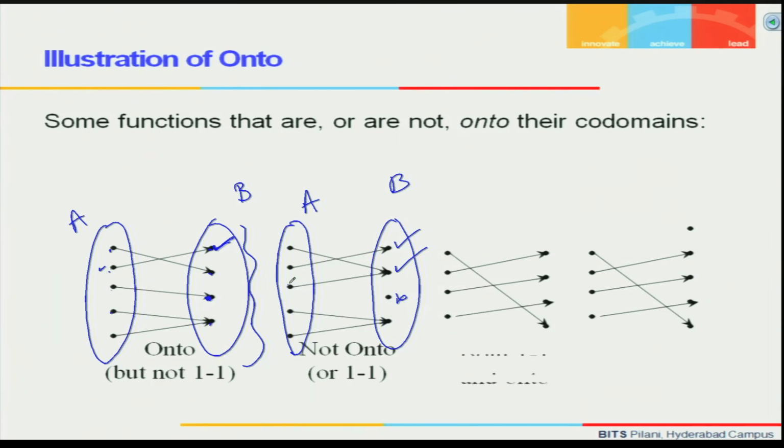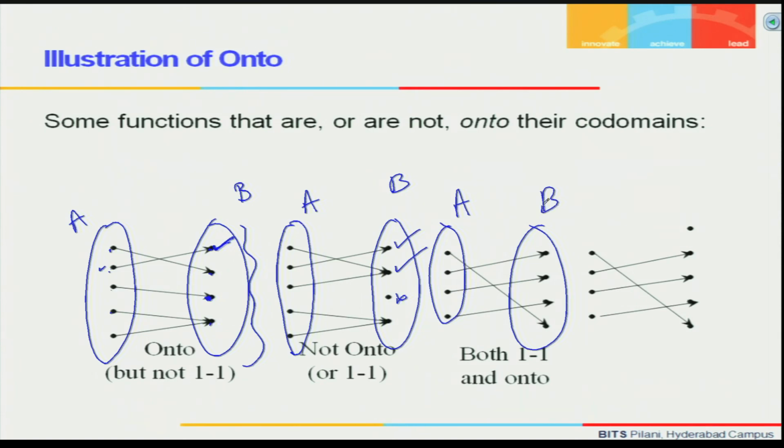Let us look at this one. Again this is A and this is B, and definitely this is an onto function because every element here has a pre-image. So all the elements here have pre-images.